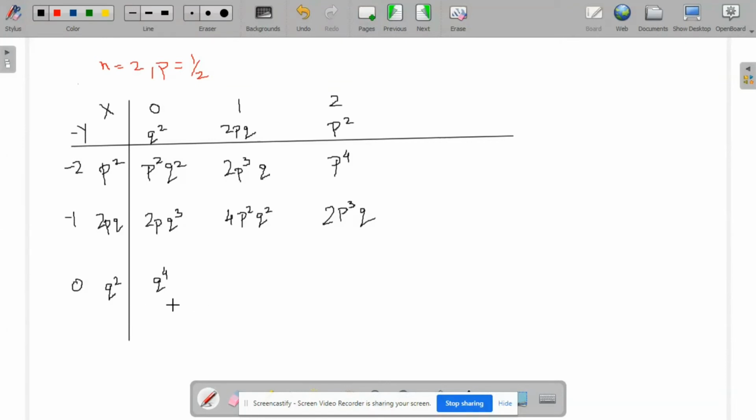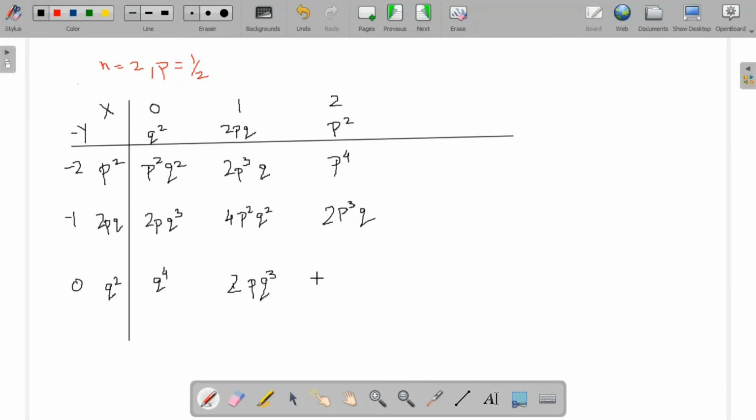So here it will be q power 4 and here will be 2p q cube, and here it will be p square q square.